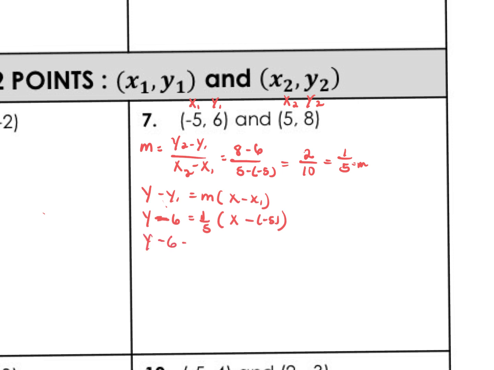Y minus 6 equals 1/5 x. 1/5, again, this becomes positive. 1/5 times 5 is equal to 1. So it's going to be positive 1. I'm going to add 6 to both sides to get y by itself. Y equals 1/5 x plus 7. And that is our equation.